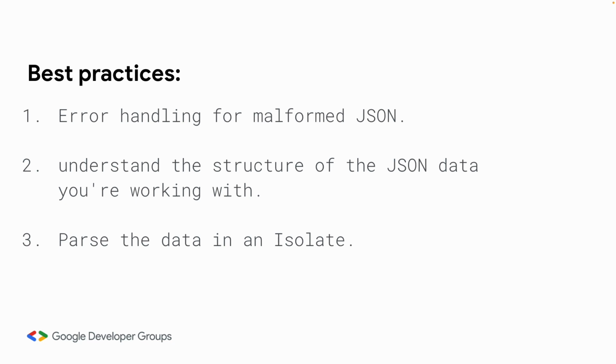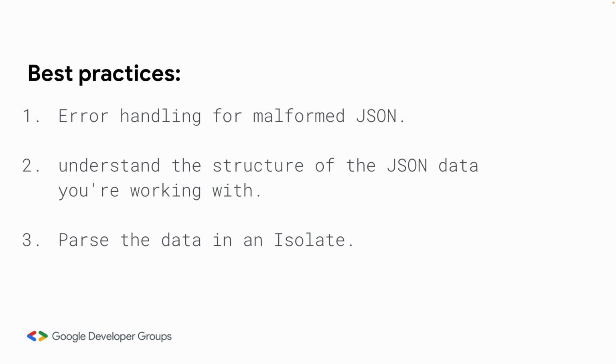You need to be very careful of this. Otherwise, you keep getting an error and you may not know where that error is coming from. So you need to either use a try-catch to handle that error, or find a way to make sure that you're getting the right data. And even if the data coming has an issue, you're able to gracefully handle it so it doesn't crash your app.